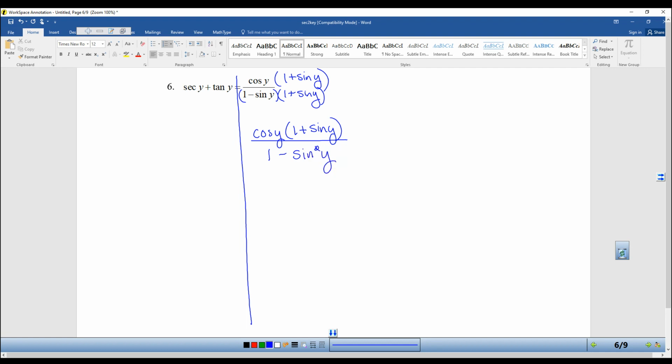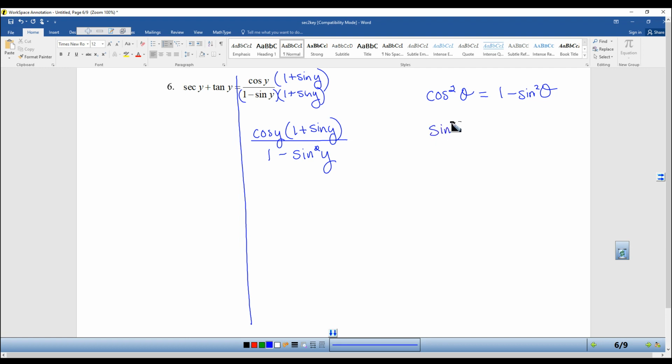Now, some people at this point actually make a mistake and they're like, oh, if I factor that, I can cancel. It's such a great thought, but that works because you just put that there. So don't undo it. You put it there for a reason. And that reason was, again, you should have this on your appendix, that cosine squared theta is 1 minus sine squared theta, Pythagorean identity.